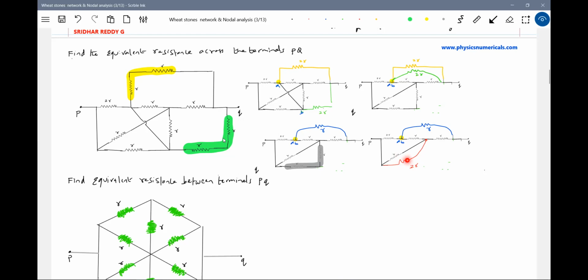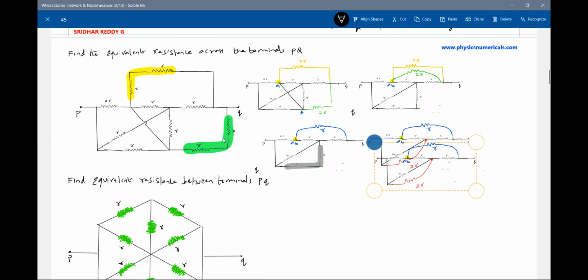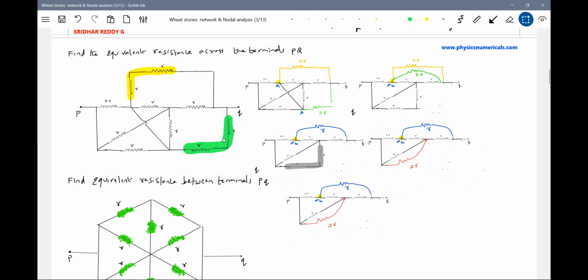They're in parallel. So the effective of this will become 2R by 3. So I'm going to replace these two with an equivalent resistance, 2R by 3. Okay, there's a point A, B.